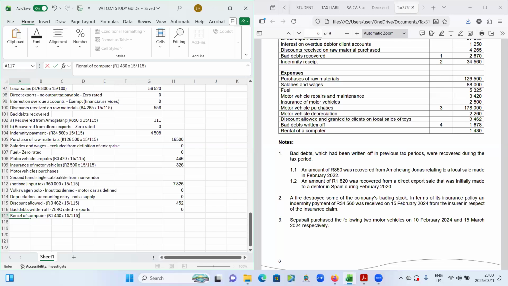It's obviously only an expense, we claim input tax, if it is not zero rated, if it is not exempt, if no input tax is denied, and we know all those supplies where input tax is denied, which are exempted or which are zero rated. So it's 1,430 rand multiplied by 15 over 115. We are getting 187 rand.